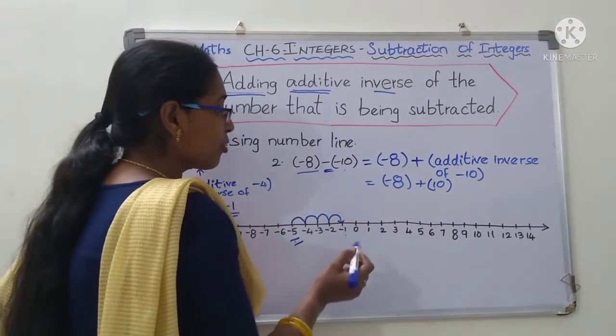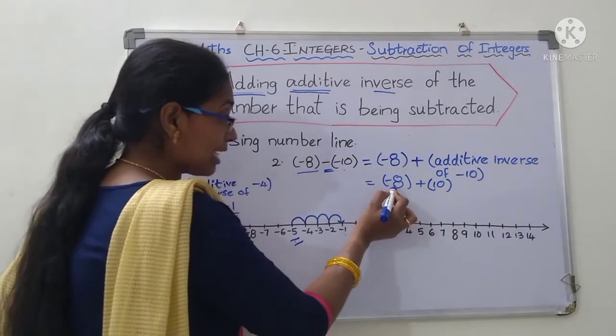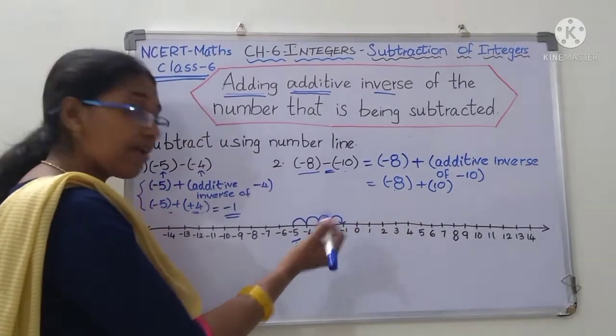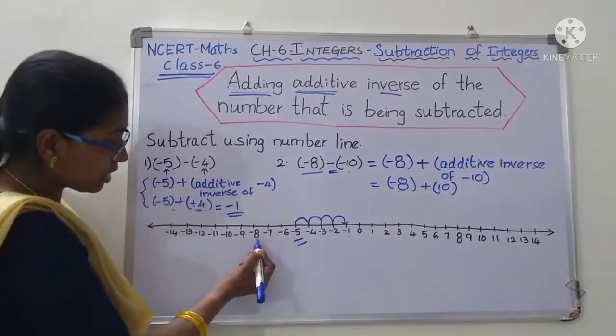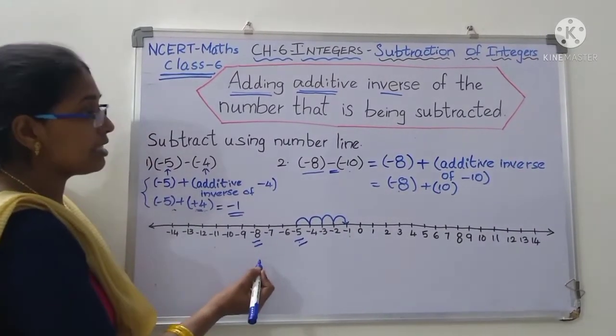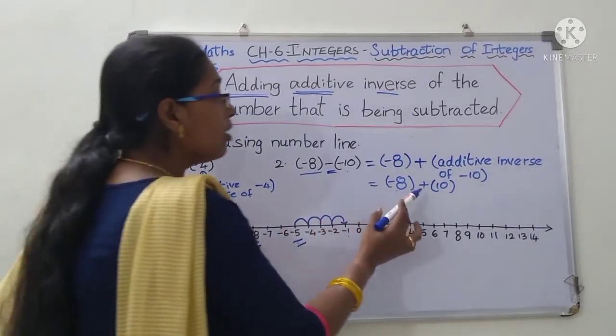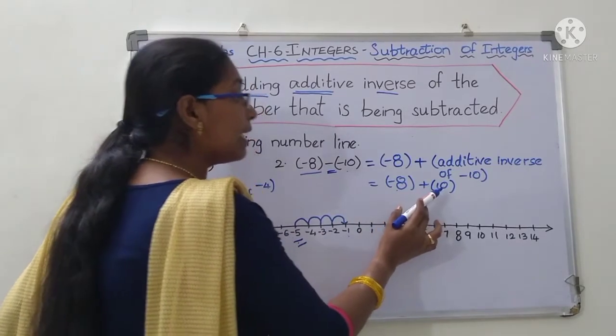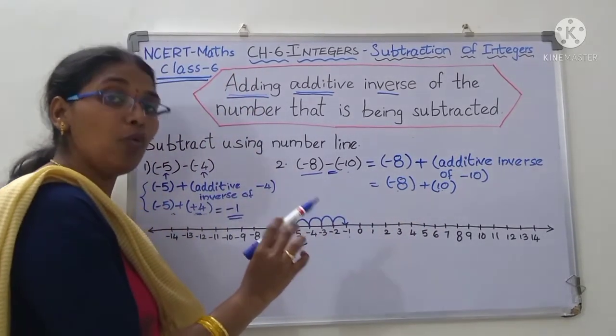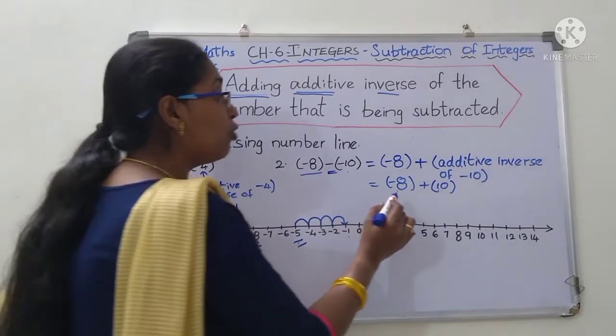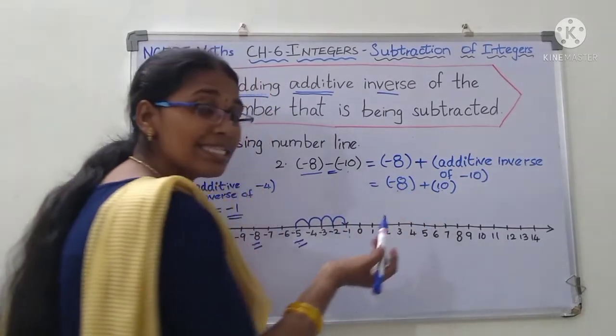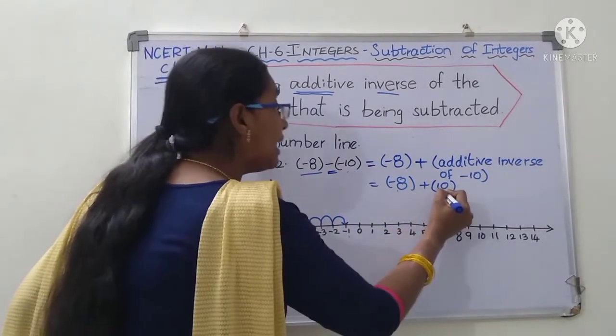Now use a number line to solve the problem. First locate the first number on the number line. Where is minus 8? It is a negative number. That means it will be on the left side of 0. Minus 8 is here. From minus 8, what are you adding? You are adding plus 10. So you move, yes, correct, right side. You move right side from minus 8. How many steps do you move right side? You are adding plus 10.